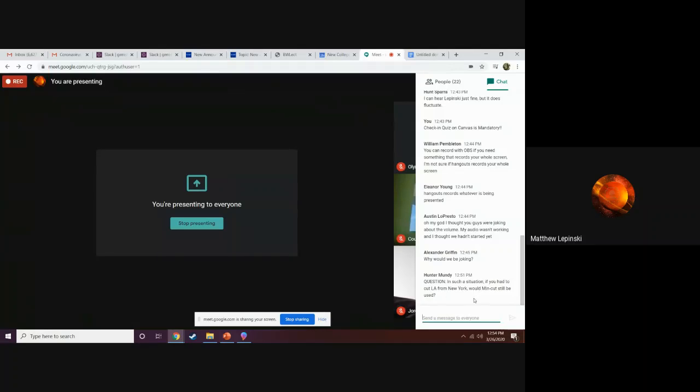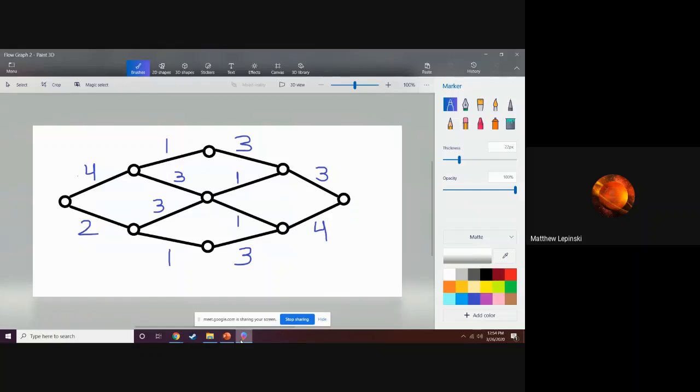Question. Hunter's question, which I think is related here, is: let's say I was interested in finding, if I wanted to disconnect New York and LA, and I had a huge botnet. A botnet is where I infect a huge number of machines with some virus that gives me control over them, and I'm going to launch a massive denial of service attack on the North American internet.